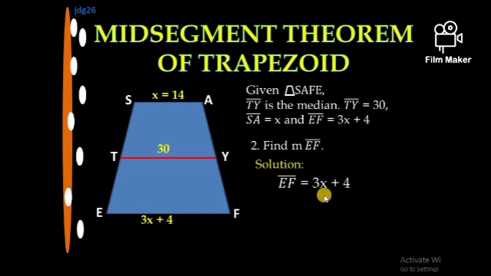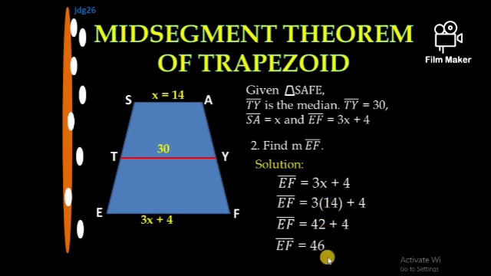Since meron na tayong value ng X, i-substitute na lang natin ang value ng X. We have 3 times 14 plus 4. Then simplify. 3 times 14 is equal to 42 plus 4, which is equal to 46. Therefore, the measure of segment EF is equal to 46.